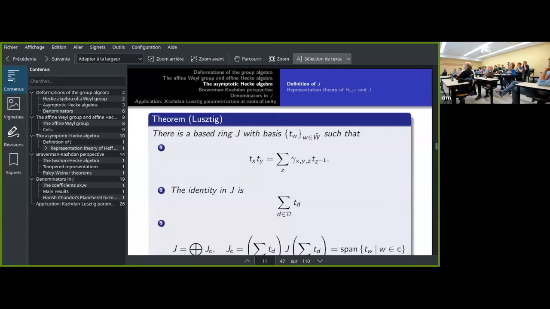The ring J is a direct sum of the corresponding two-sided ideals indexed by the two-sided cells. For example, the affine Hecke algebra is filtered by ideals that have something to do with two-sided cells, and this thing rigidifies that into being an honest direct sum.